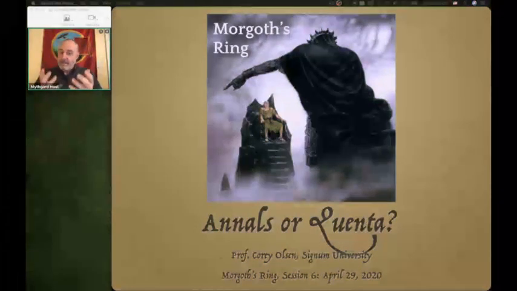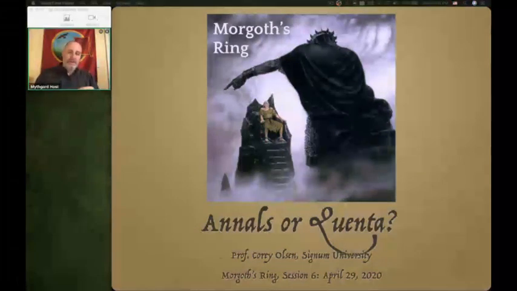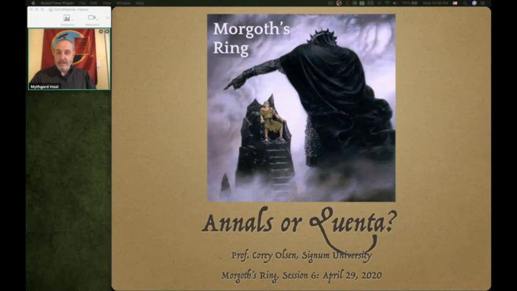One was in 1951-ish, when he started doing the emendations on the original Quenta manuscript that he had originally written back in 1937, and then had the typescript done up and did some revisions on that in the short term. That's what Christopher's calling the first phase, the first round of revisiting the Quenta text from the early 50s, from 1951.